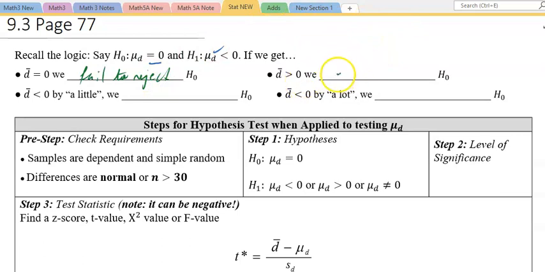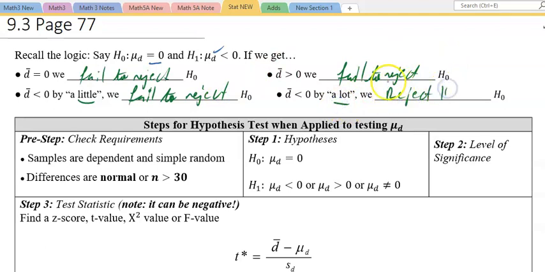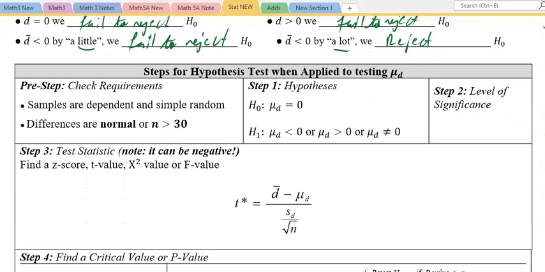And if it's bigger, we fail to reject the null hypothesis. If it's off by a little, we fail to reject the null hypothesis. And by a lot, we reject the null hypothesis. And you need to know, is the claim with the null hypothesis or not? And what does it mean by a lot? We did this too many times.